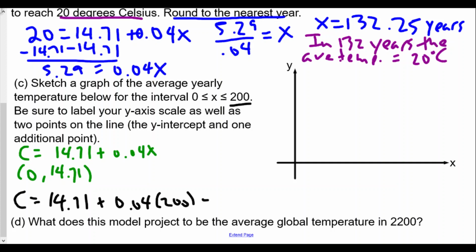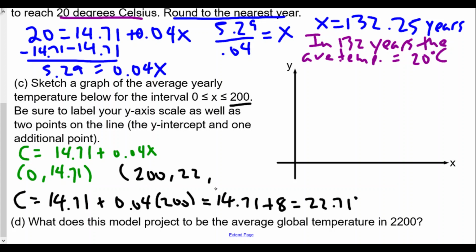So now we have 14.71 plus 8, which we add together will be a total degree measure of 22.71 degrees. So that's our second coordinate, (200, 22.71) degrees. All right, and degrees here.